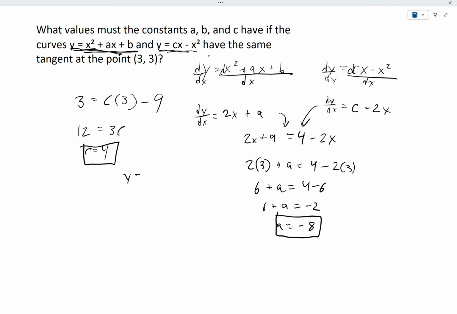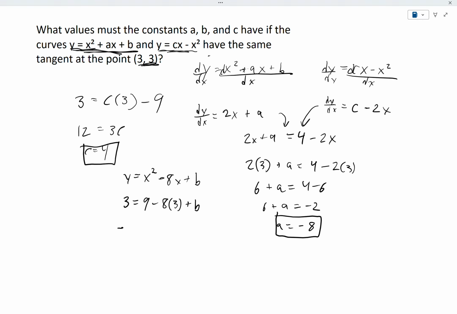So here's our first equation. I'm just going to fill in the stuff that we have, which at this point is x squared minus 8x plus b. So we're looking for b in this equation. Well, how can I do that? Do I know of any point on the curve I can use? Yeah, the point that we're given, (3, 3). So once again, just like we did for the first curve, I'm going to plug in 3 for every x and plug in 3 for every y. 3 equals 9 minus 8 times 3 plus b.